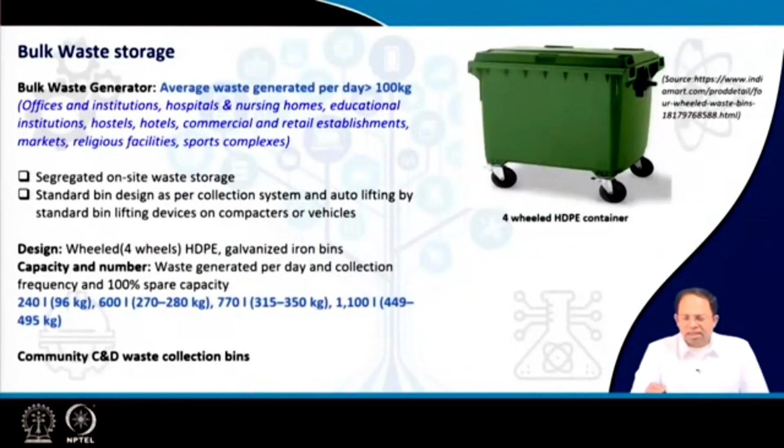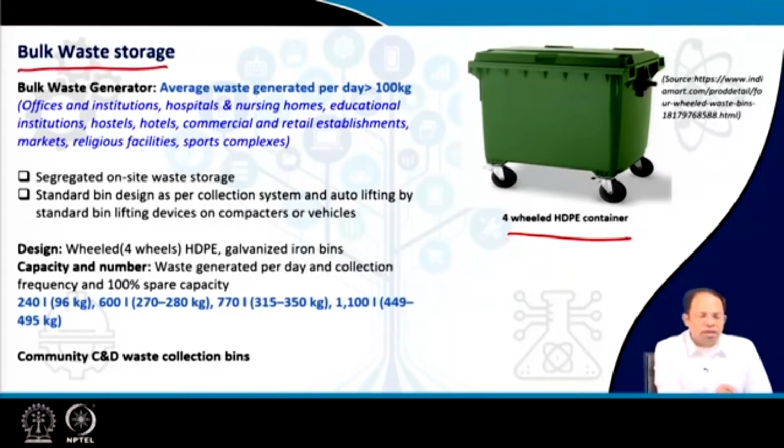As you can see, this is a 4-wheeled HDPE container. You will see this kind of container in many large complexes, and also for bulk waste generators. For individual waste generators we can use smaller containers, but for bulk waste generators who generate more than 100 kilograms of waste per day, we obviously have to use larger containers.